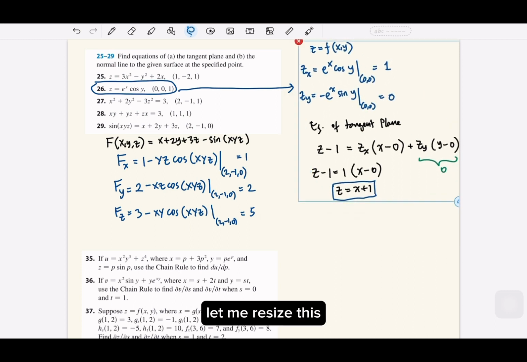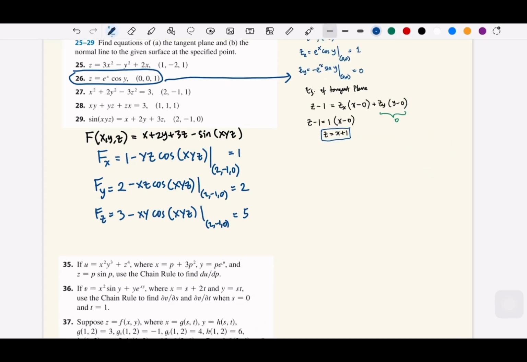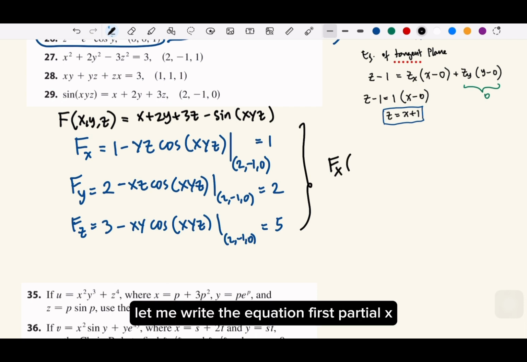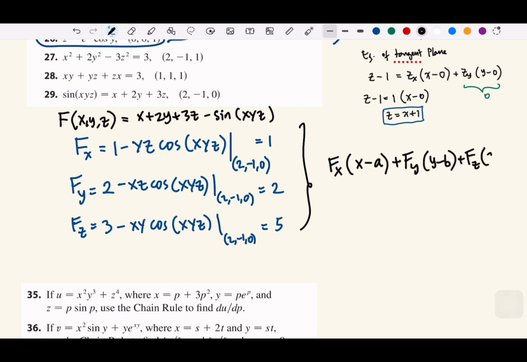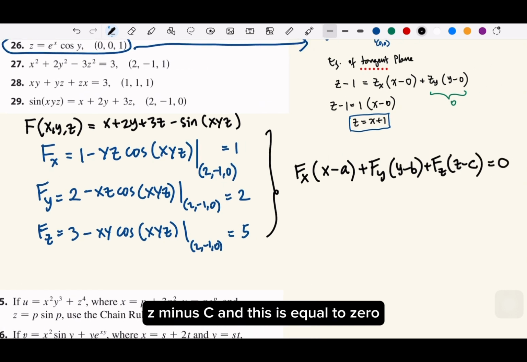Let me write the equation first: partial x times x minus a, plus partial y times y minus b, plus partial z times z minus c, equal to 0.